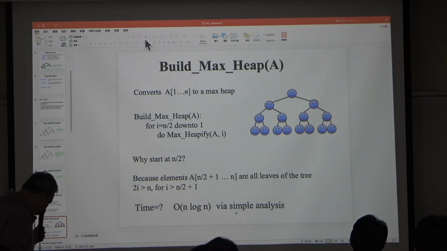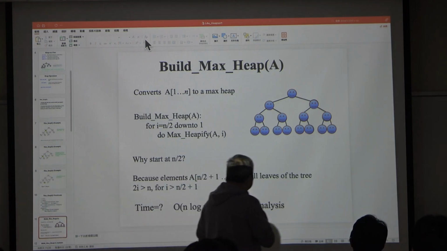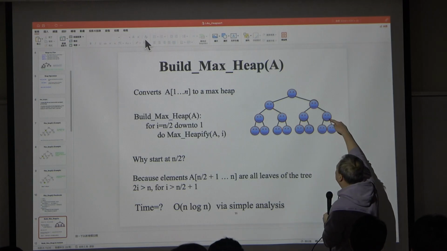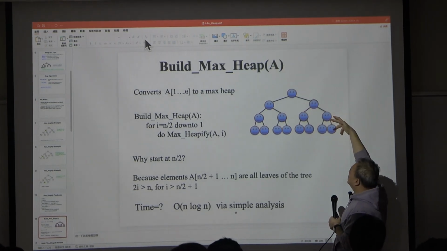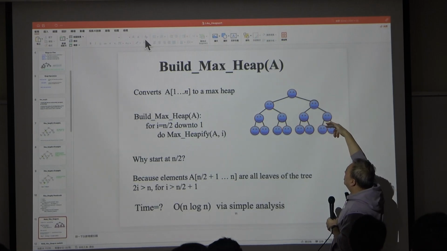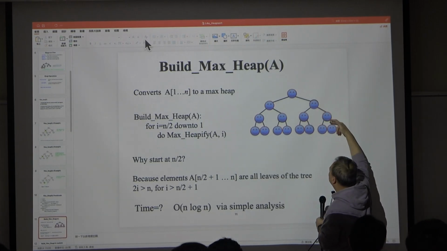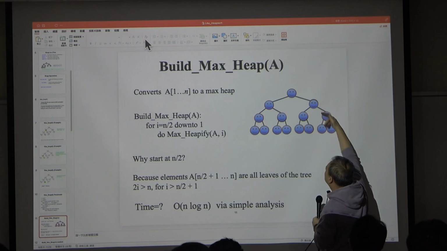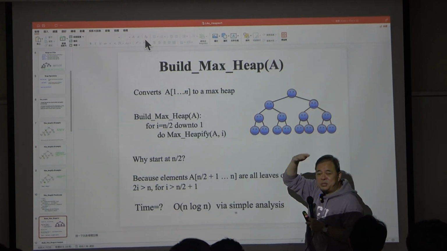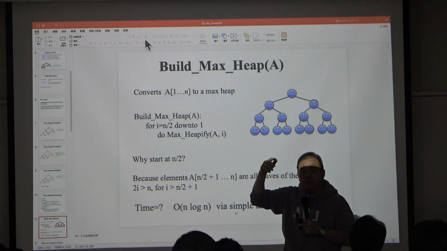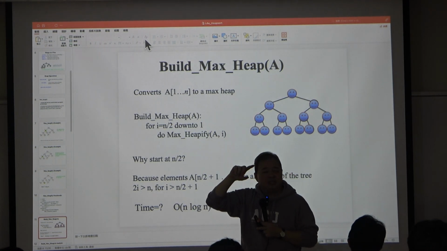Because when you are at this level, you only need a constant time, right? When you are at this level, you need like 2 times the constant amount of time, and so at a different level, the number of operations will be different.